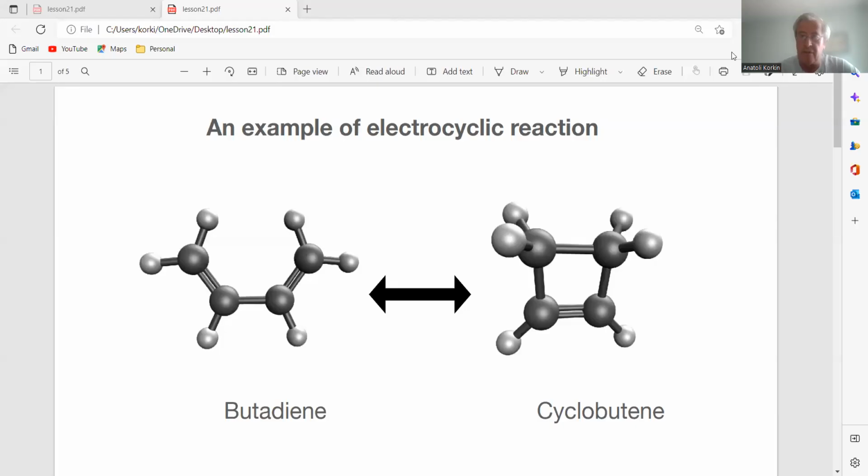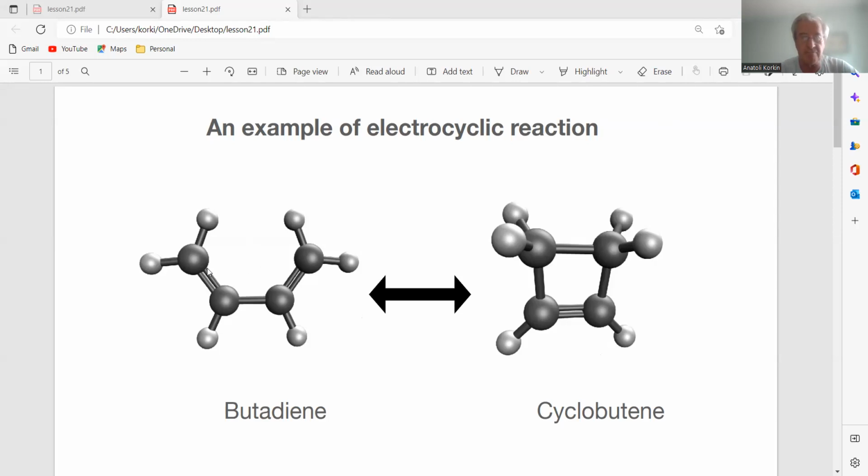I will use a simple example, simple in the sense of the number of electrons or atoms involved: the transformation of butadiene into cyclobutene or vice versa.